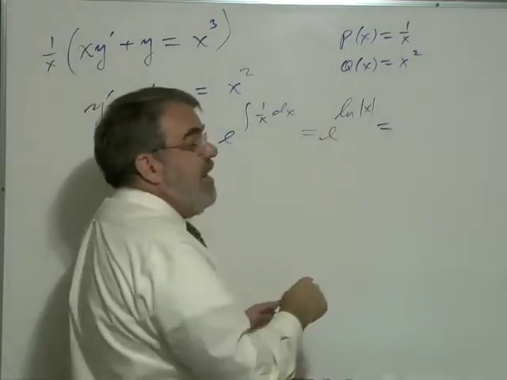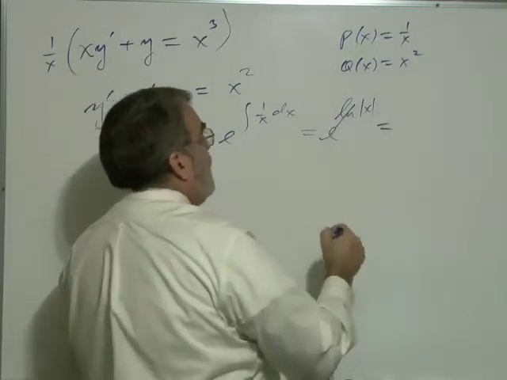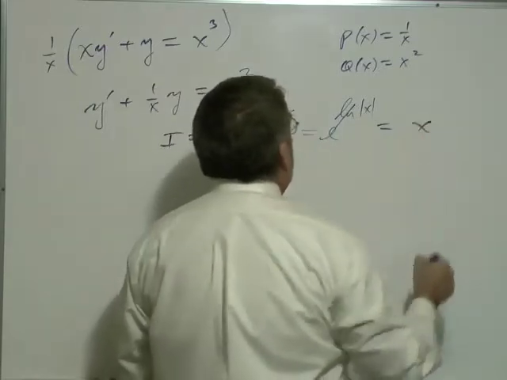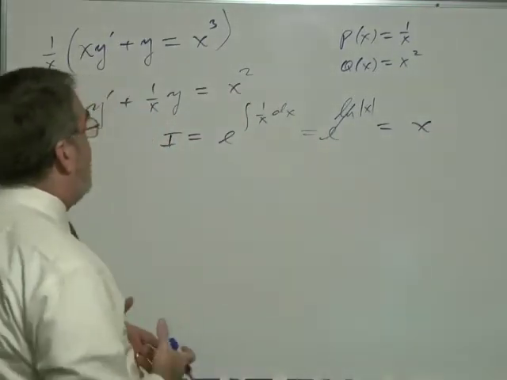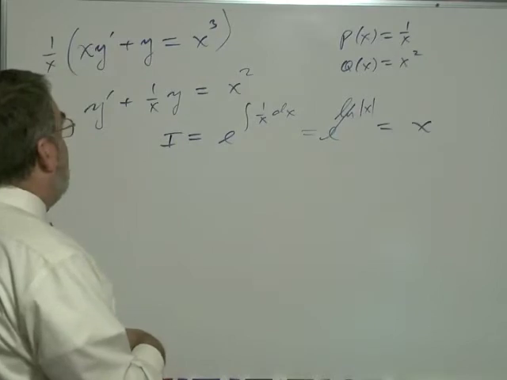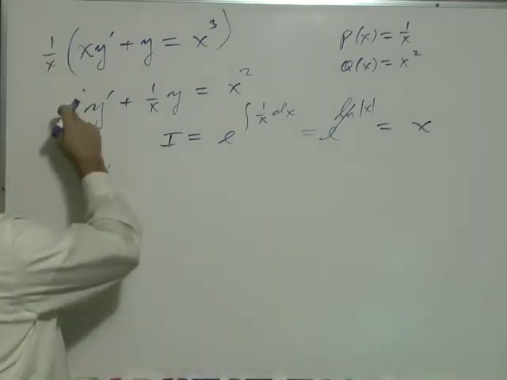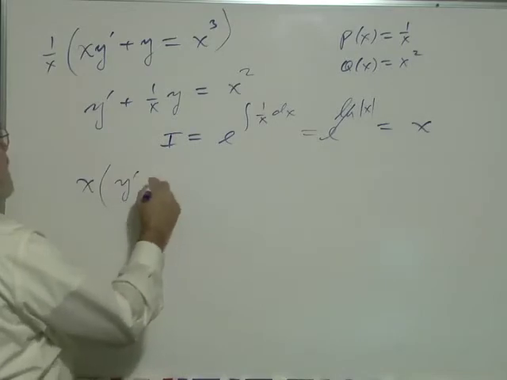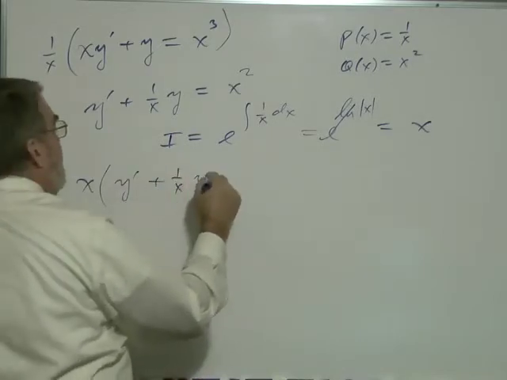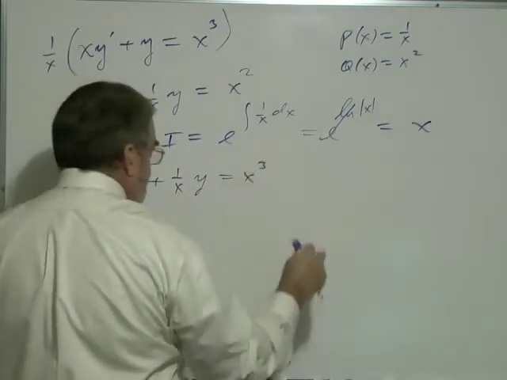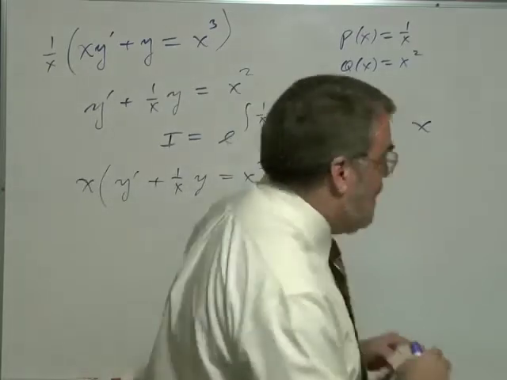So e to the natural log of x, these are inverse functions, they cancel, absolute value goes. So that's x. The integrating factor is x. Which is kind of funny because when I multiply this equation by the integrating factor, guess what? I get the original problem.